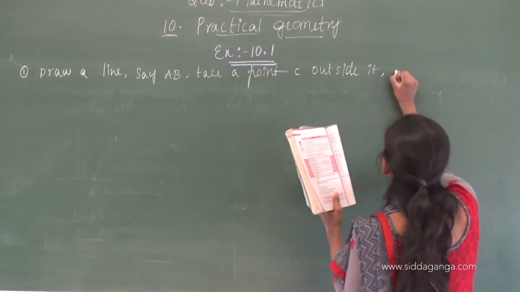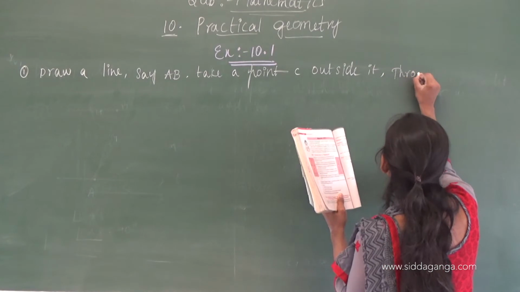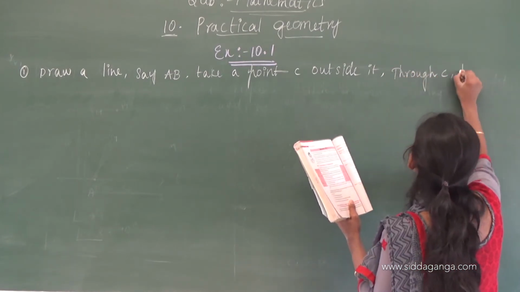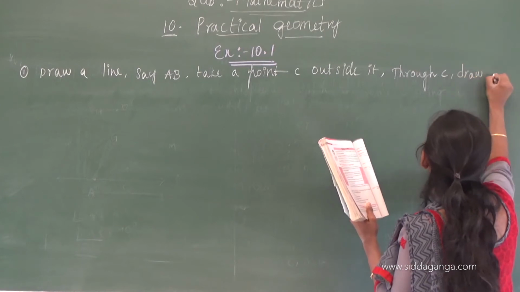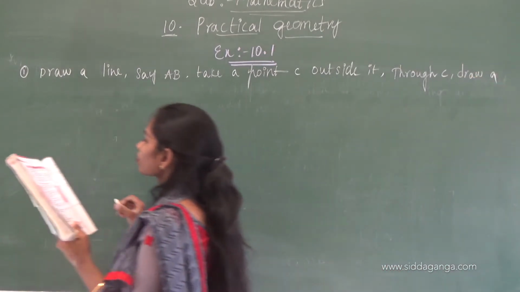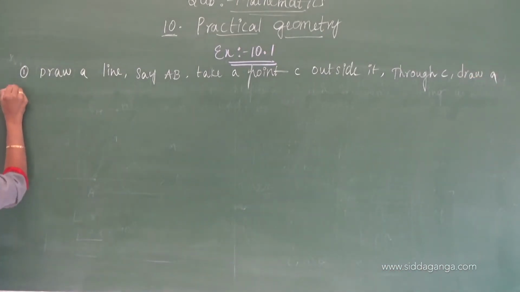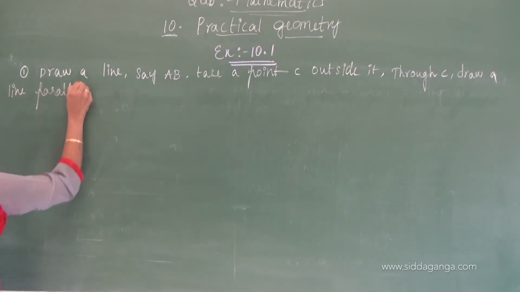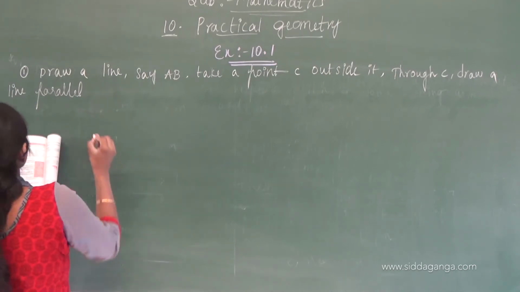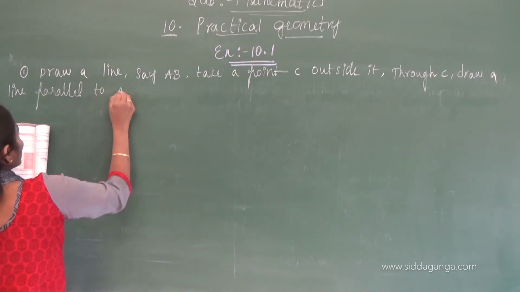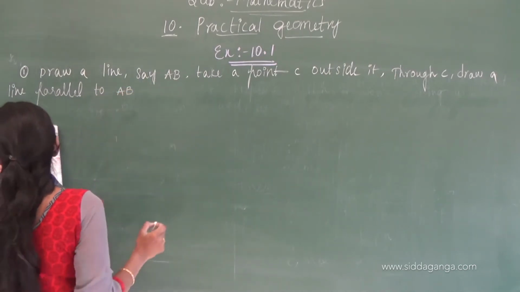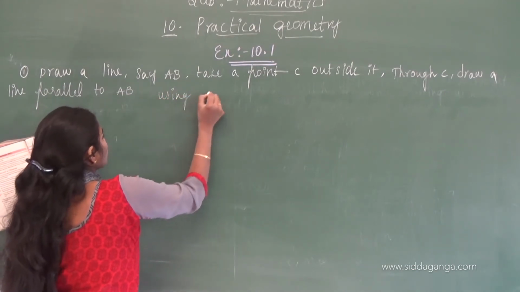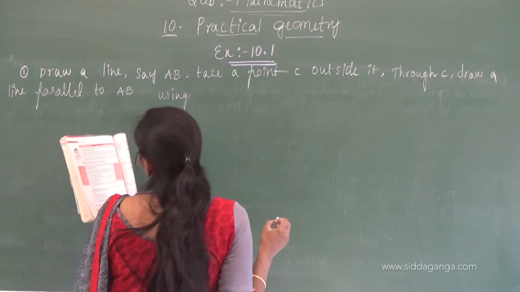Through C, draw a line parallel to AB using ruler and compasses.